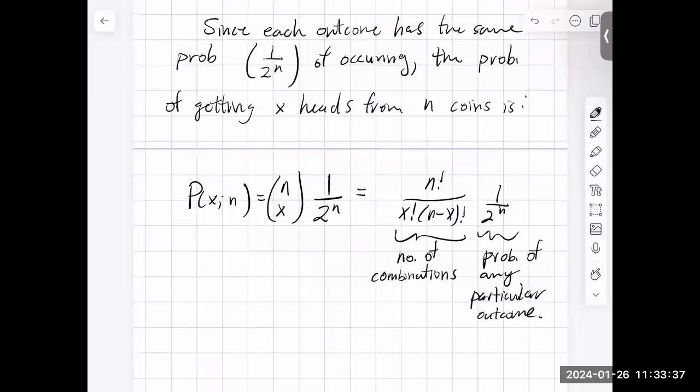Okay, so we're getting pretty close to where we want to be, but so far, this result is only valid when the probability of getting X from a single trial is 1/2, right? Because that 1/2 is right here. It's 1/2 to the power N.